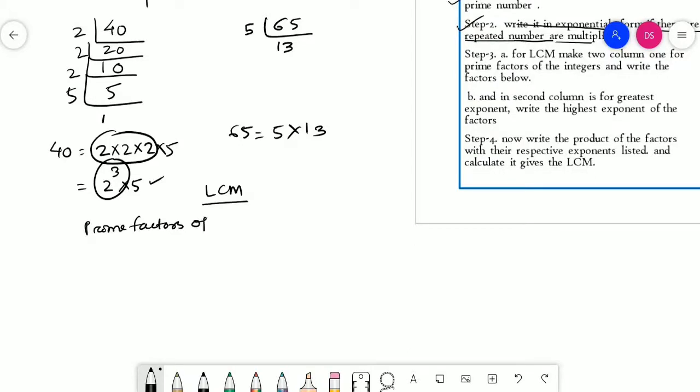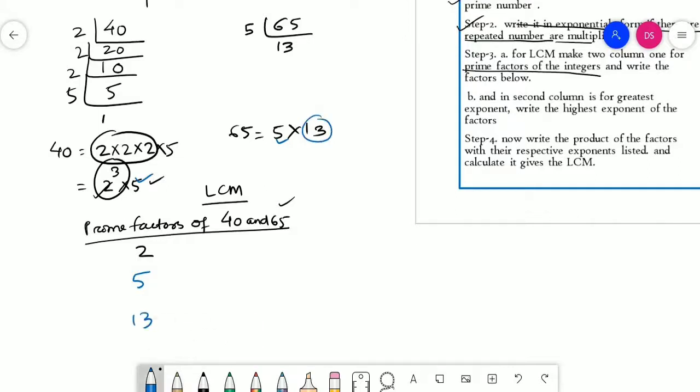Prime factors of both 40 and 65, and we will write the factors below. 2 is one of the factors here, 5 here also 5, so we will write 1 among them, and this one 13.